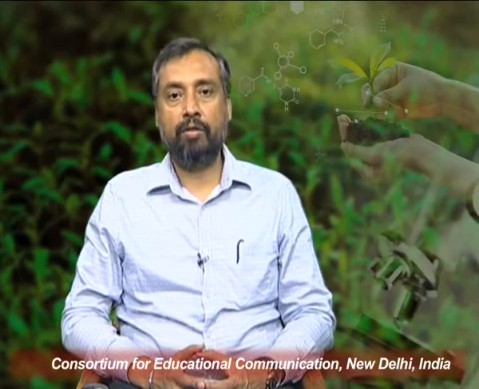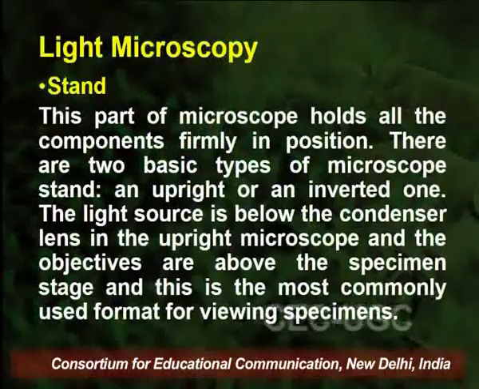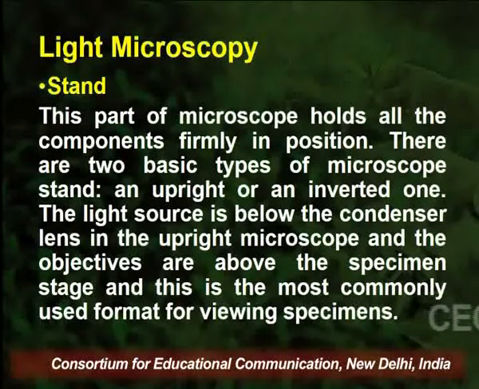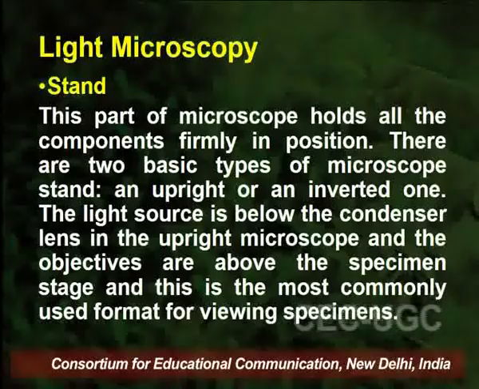The light source is below the condenser lens in the upright microscope, whereas the objectives are above the specimen stage, and this is the most commonly used format for viewing specimens. Whereas the light source is above the condenser lens in an inverted microscope, and the objectives are below the specimen stage.